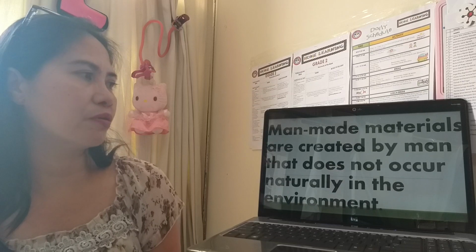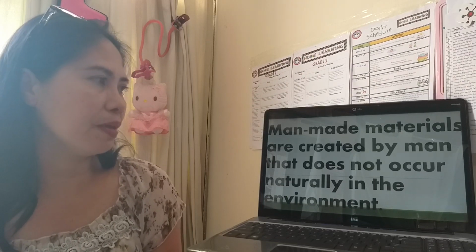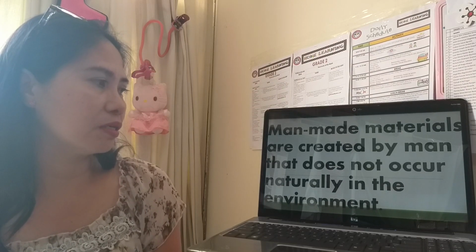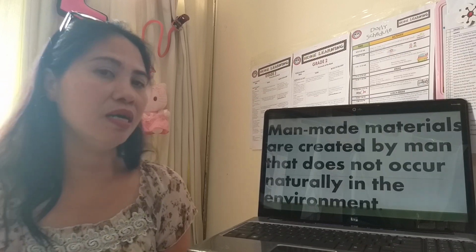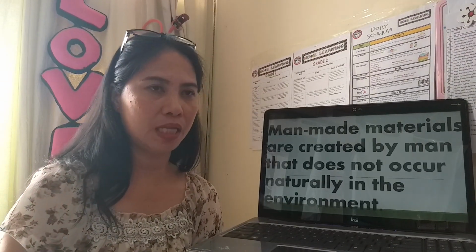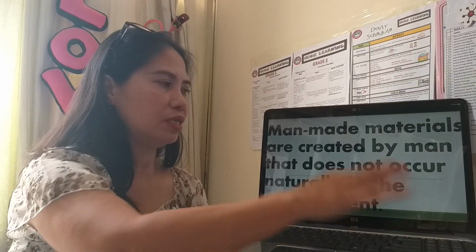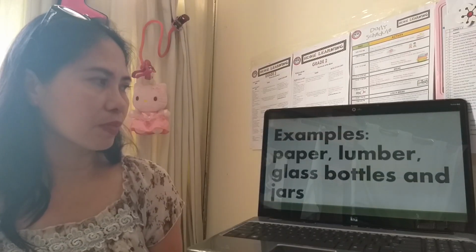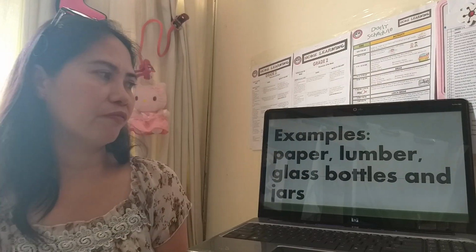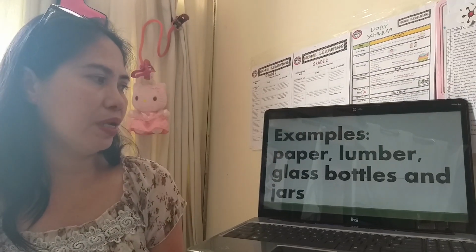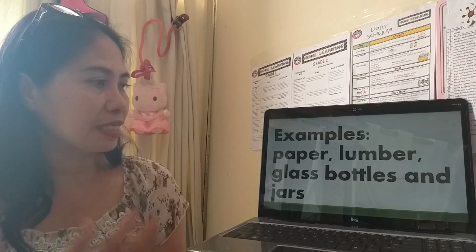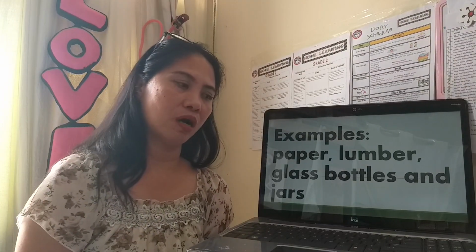Man-made materials are created by people and do not occur naturally in the environment. Examples of man-made materials are paper, lumber, glass bottles, and jars.